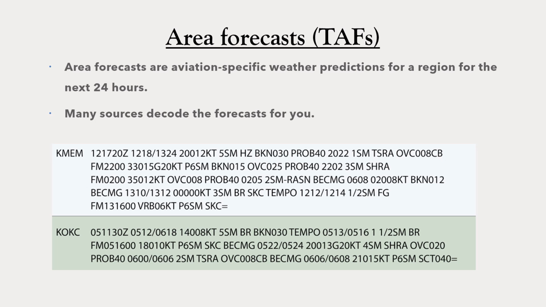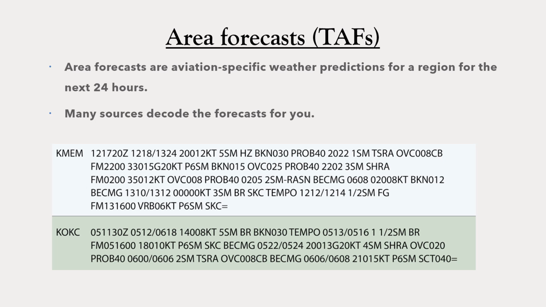So the format for these starts with the location, which is an airport identifier, and then it tells you the time that the forecast was issued, which will be a time somewhere in the past, in the same format as the time in the METAR.